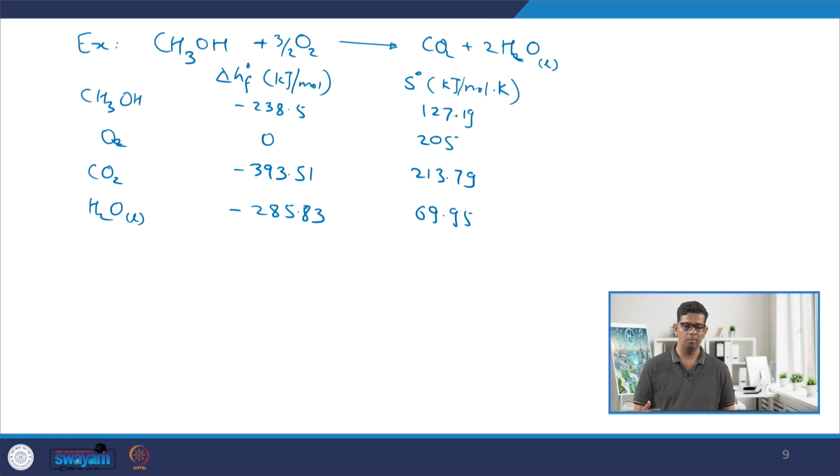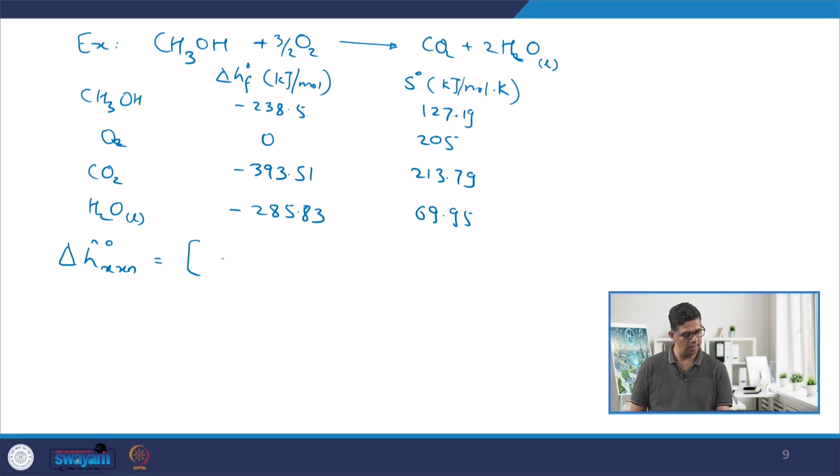Okay. So, now we have all the formation enthalpies of the reactant and product species. We also have the entropies at STP for different species. Let us go ahead and find out the enthalpy of the reaction at STP. We need to subtract the formation enthalpies of reactants from those of the products. So, let us first write this expression. For products, it is CO2. What is the formation enthalpy of CO2?